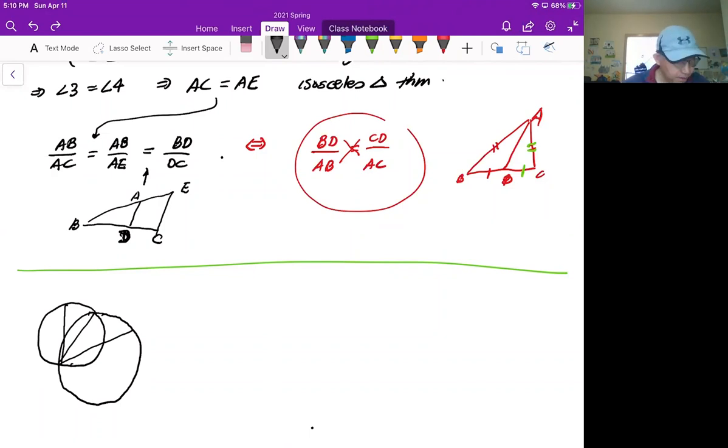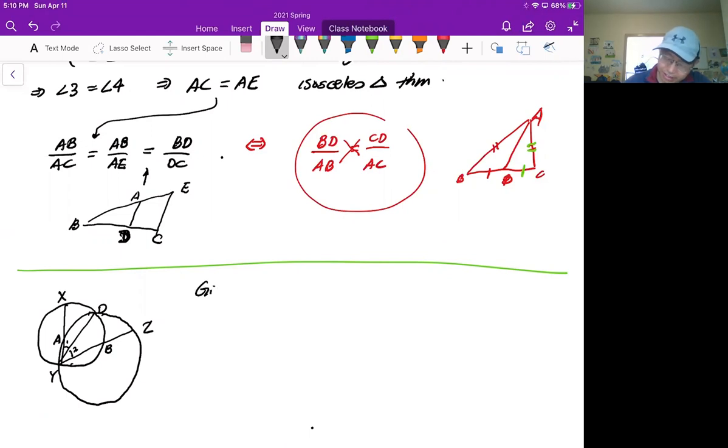Let me call the intersection points A, B, and D. You get X here, Y here, and Z here. This is angle one, and this is angle two. Everyone get that?